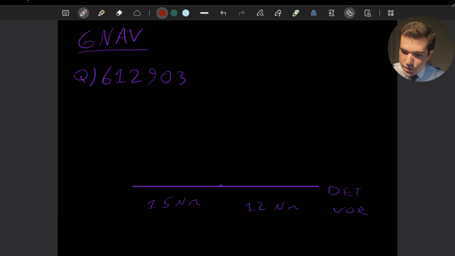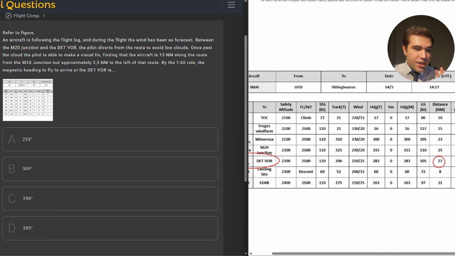So I will draw here another line which will represent how much we have deviated. We know from the question that our deviation is 2.5 nautical miles, and our initial heading towards the DET VOR is 283.